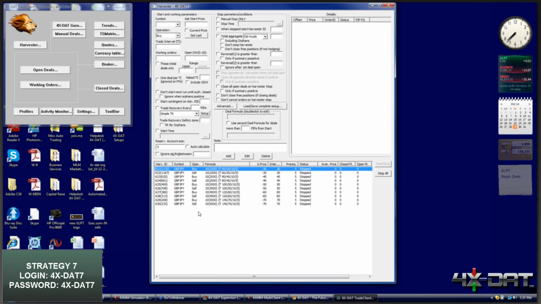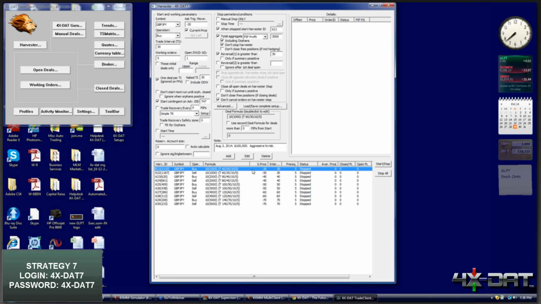All right, pound yen. Guess what? There is no trade recovery on this strategy. And the reason why there's no trade recovery on this strategy is because it's designed for range-bound markets.